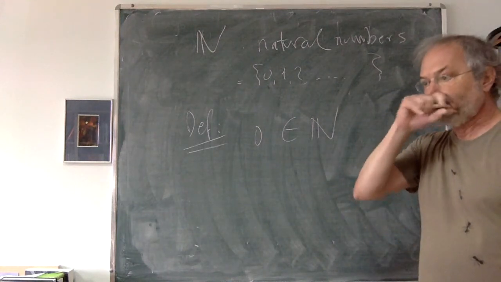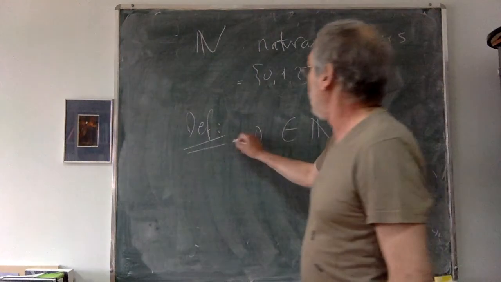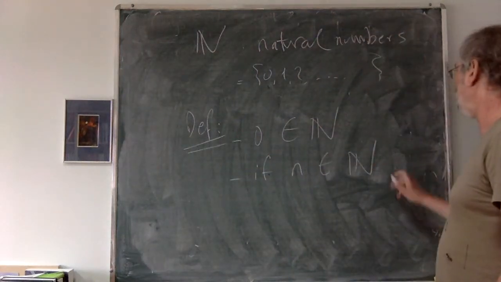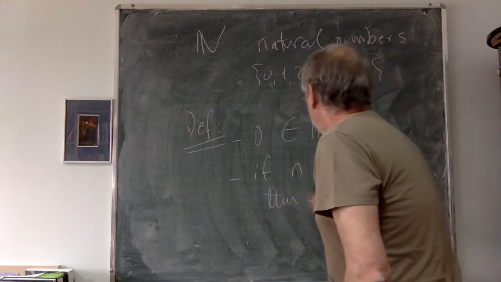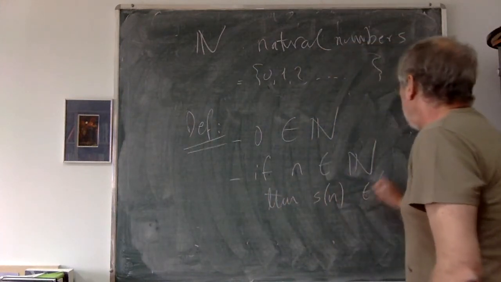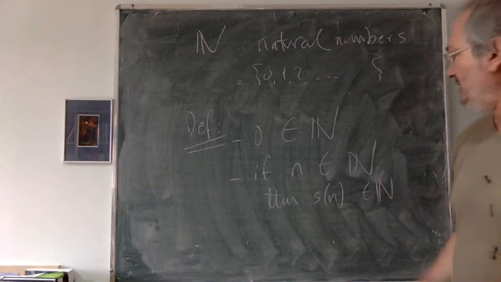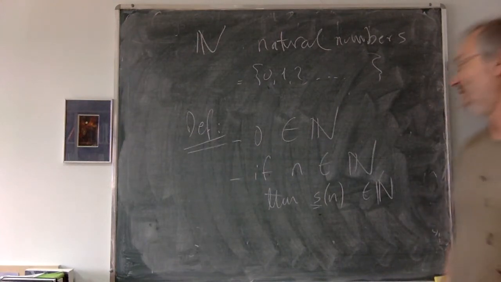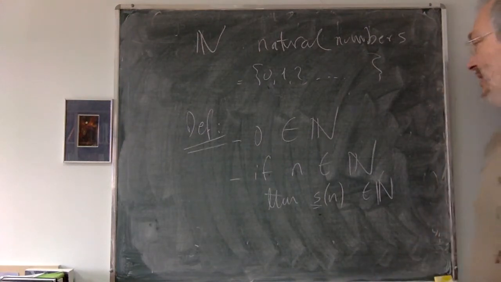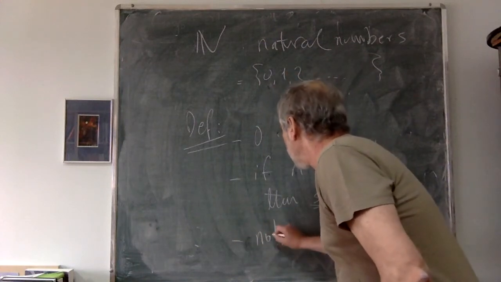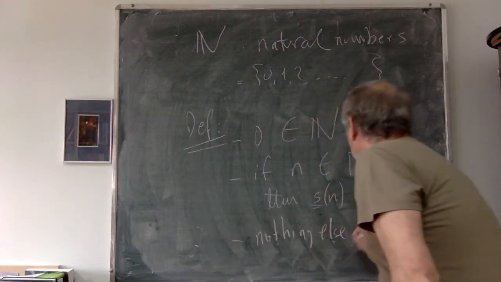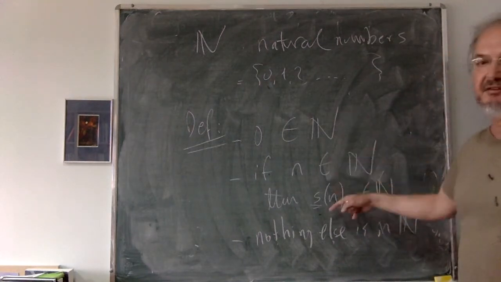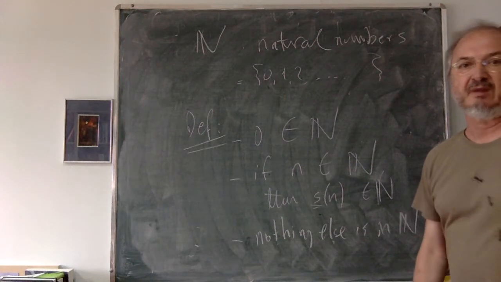If n is a natural number, then the successor of n is also a natural number. Now we need to define what it means to be a successor as a function, and we need to define what a function is. And critically, you say nothing else is. Okay, so this constitutes everything you need to know about natural numbers.